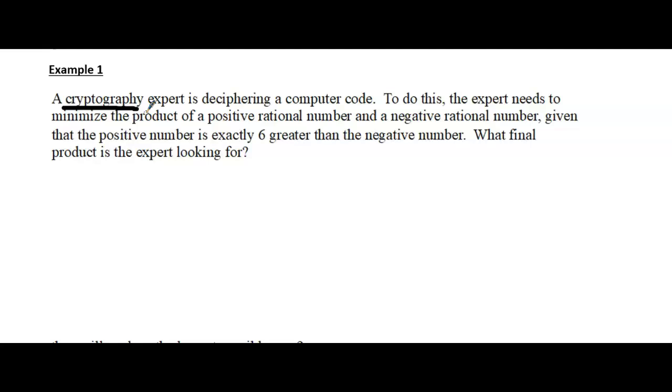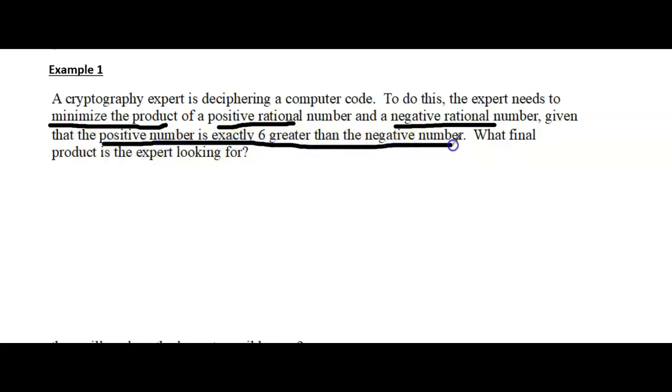To do this, the expert needs to minimize the product of a positive rational number and a negative rational number. Given that the positive number is exactly 6 greater than the negative number, what final product is the expert looking for?